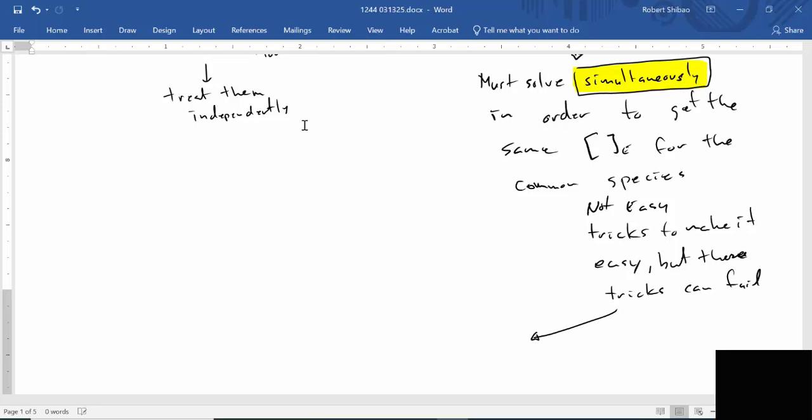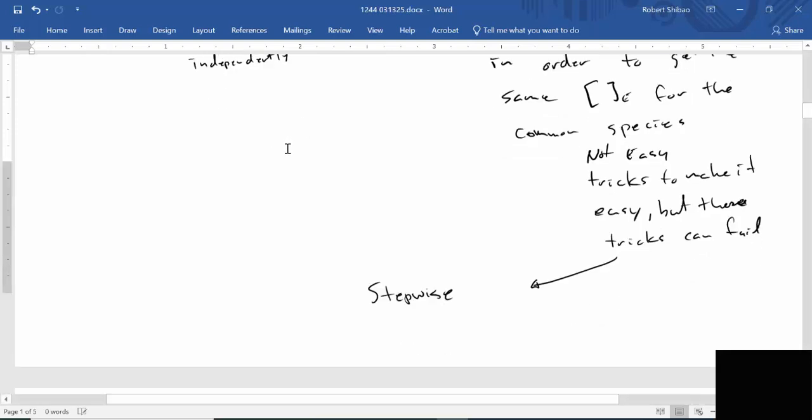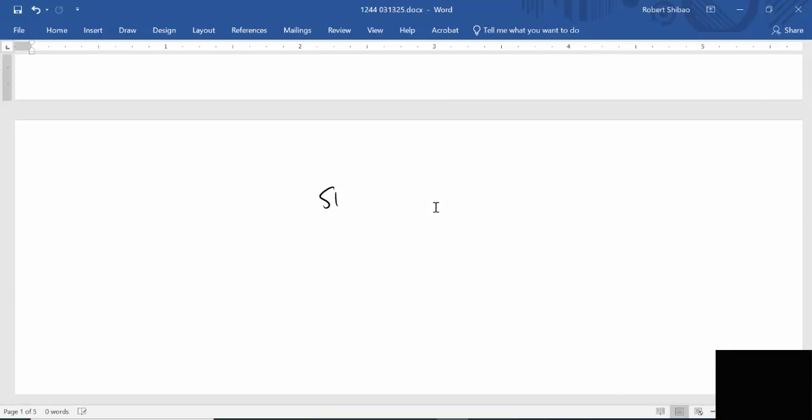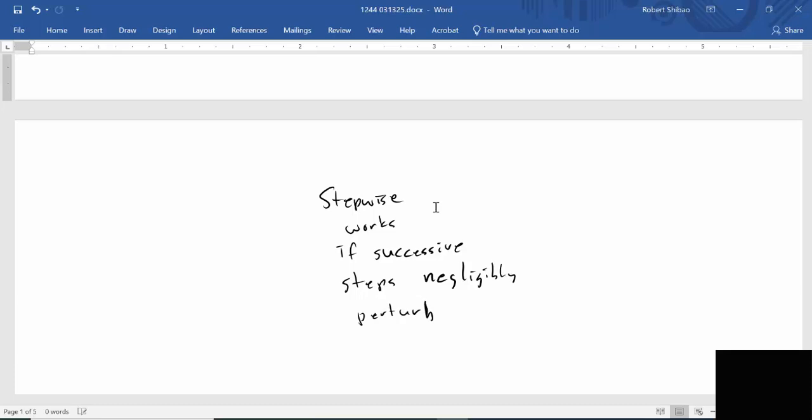The first trick we do is we do stepwise. Stepwise works if successive steps negligibly perturb prior steps.